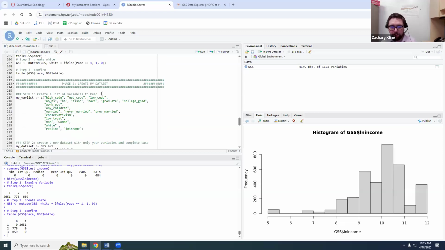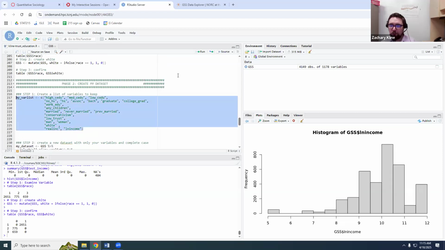So we get to our part two. We're going to create our data set with complete case information. So first, we're going to make a list of all of the variables. We want to use the recoded version of the variables here. So notice I don't put sex here, I just put man and woman. So only the recoded versions of the variables.